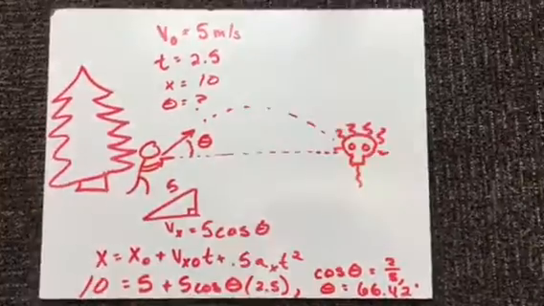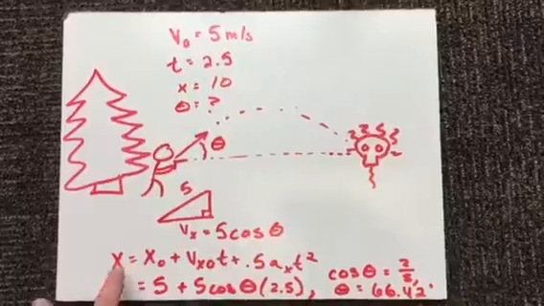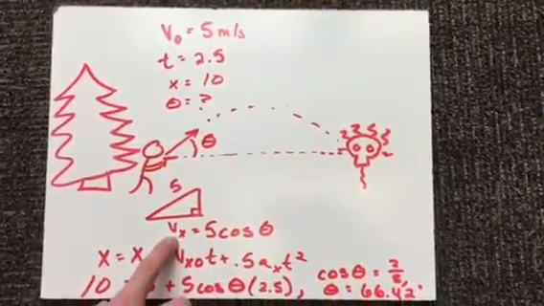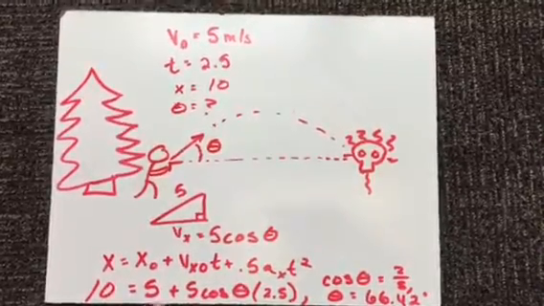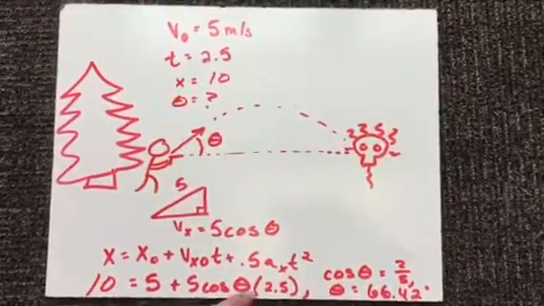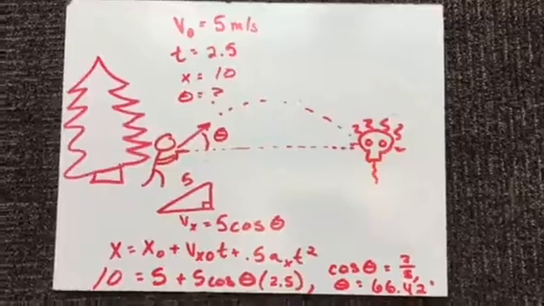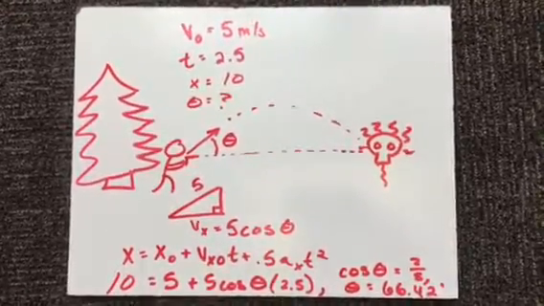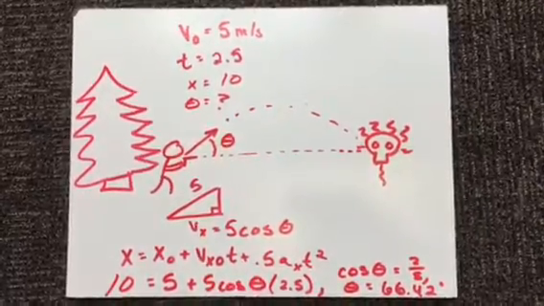Now that we have just an X component, we can use the one-directional formula and plug in our velocity of 5 cosine theta, so we get 10 equals 5 plus 5 cosine theta times 2.5. We have nothing for the acceleration term because there's no acceleration in the X direction, since there's no wind or anything acting on it. The only thing that could accelerate it is gravity, but that is in the Y direction, so we disregard that.